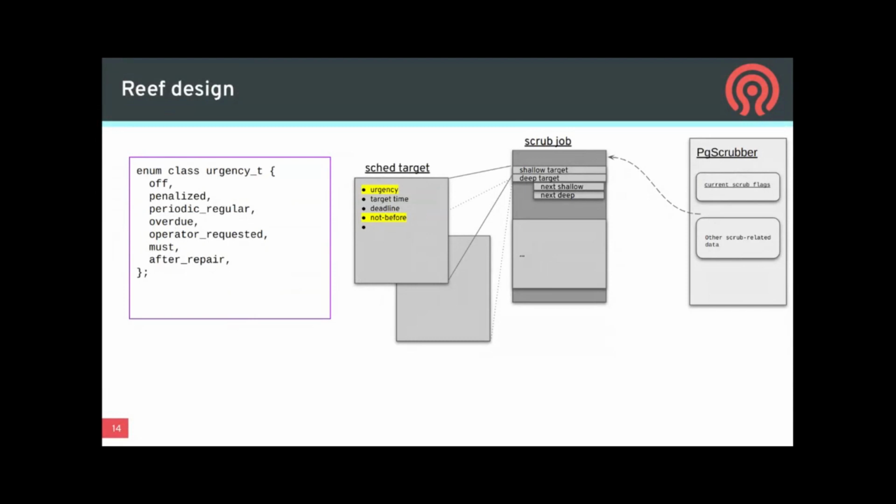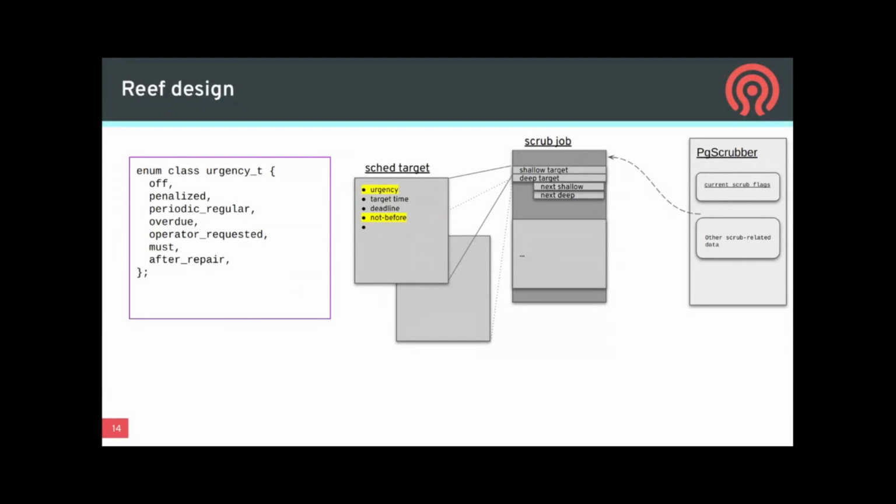Okay, but we also have some other urgencies. For example, penalized is the implementation of the penalized queue, which we saw earlier. Now we don't need it. It's just one more urgency with some specific logic around it in the same hierarchy of urgencies.